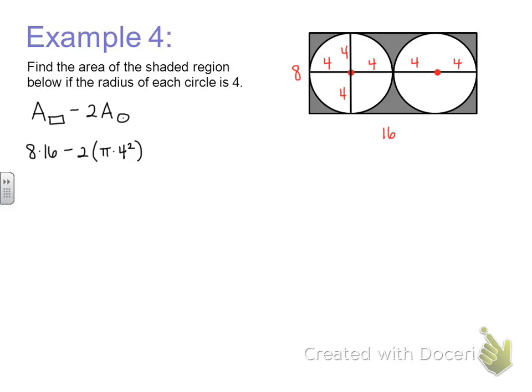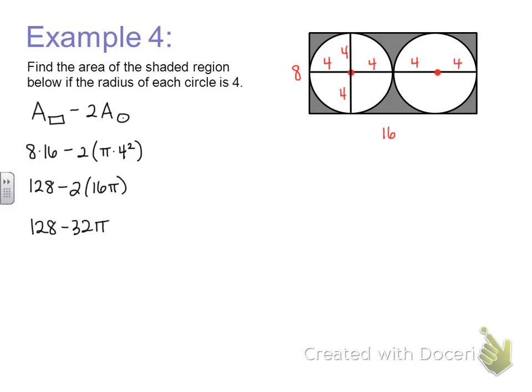Okay, what is 8 times 16? 128 minus 2 times, and then you'll notice that the area of one circle can be written as 16 pi after you square the 4. So that will be 128 minus 32 pi.